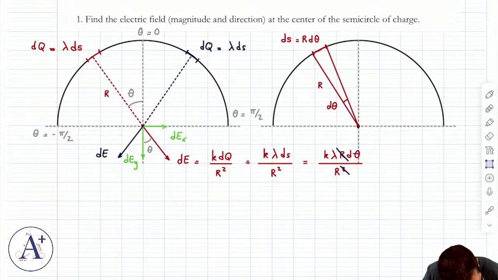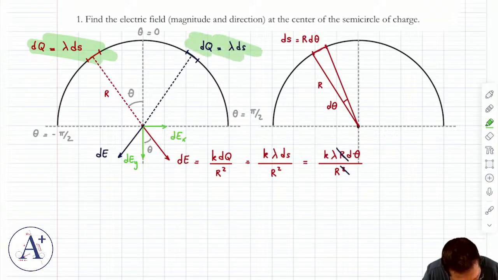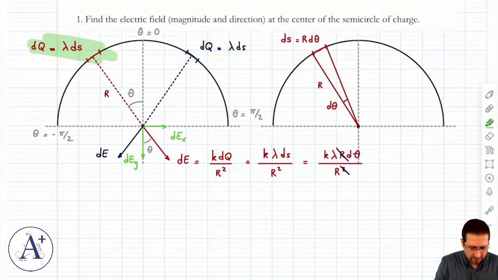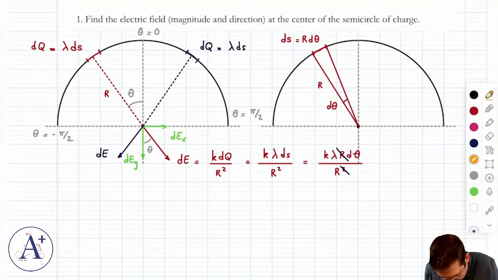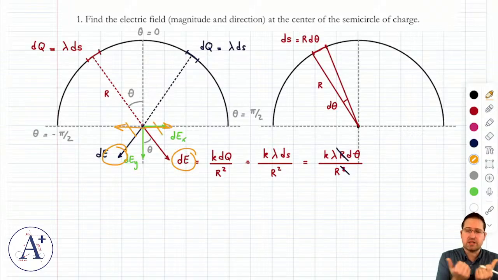Okay? And for any slice here on the left, I can find a corresponding slice on the right. And what I'm going to find is that the x component here of dE is going to cancel with the x component here of dE. By symmetry, they're the same. So net, there's going to be no x component.